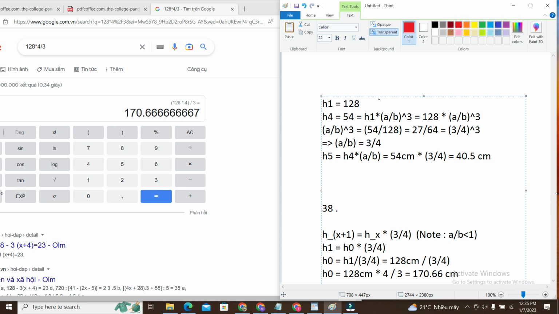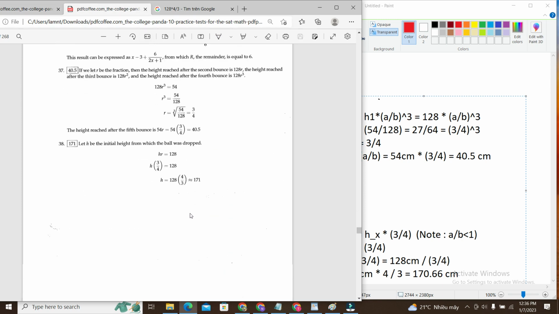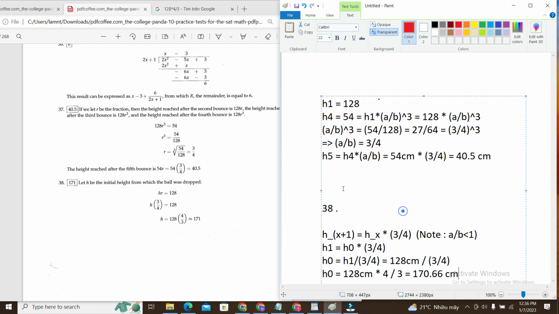So what you should write in is 171 centimeter. It's 40.5, and it's also 171.